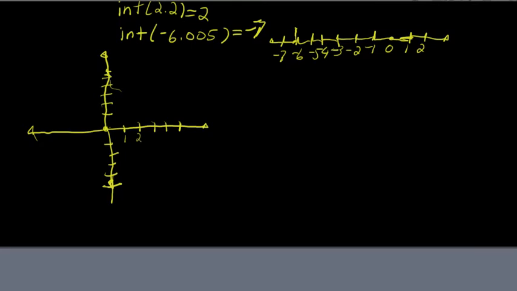Okay, 1, 2, 3, 4, 5. 1, 2, 3, 4, 5. Hopefully you can see that. -1, -2, -3, -4, -5.